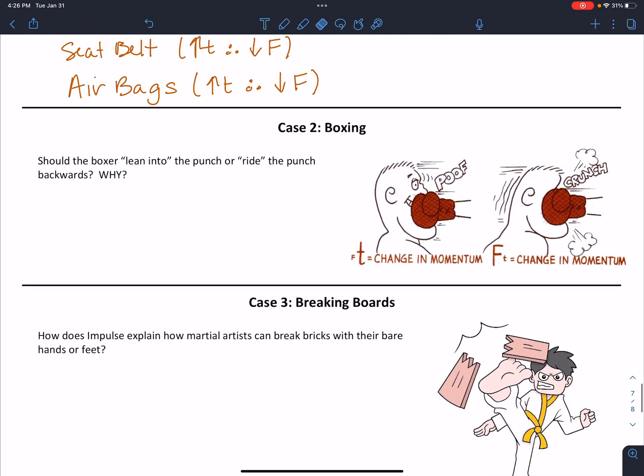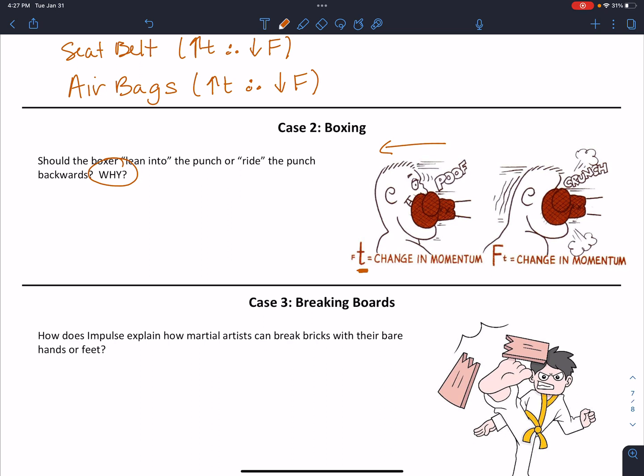Another example of impulse forces and adjusting the time those forces are applied is boxers. Boxers can really deal with an incoming punch in two ways. They can lean towards that punch as it flies towards their face, or they can back away from it and ride that punch out. So the question is, which is a better choice? Well, if you think about it in terms of impulse, if you move backwards as the punch is coming in, you are going to increase the time of that interaction with your face.